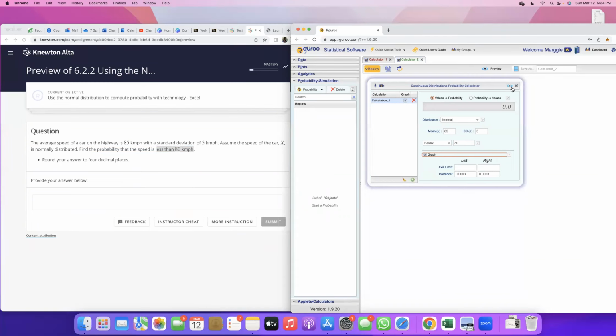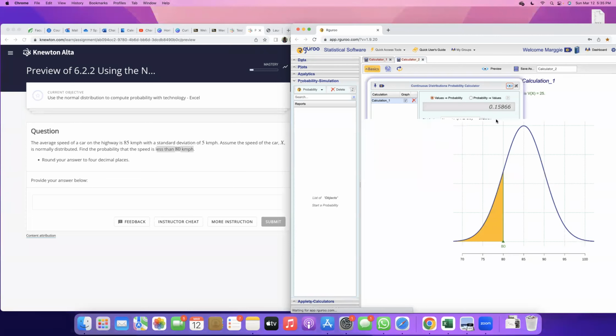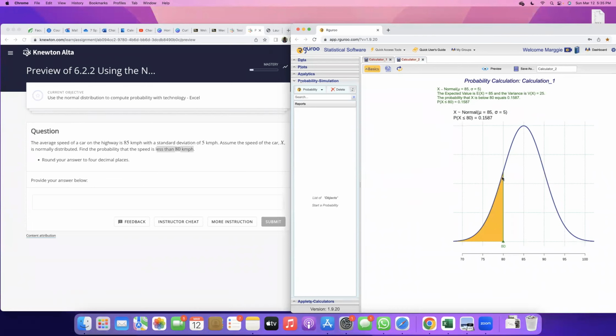And I'll do the same. I'll hit here to see the graph. Again, we have our curve with our mean at 85. We go 1, 2, 3 standard deviations to the right, and then 1, 2, 3 standard deviations to the left to have our bell-shaped distribution. 80 is just right here. This is our line, right?